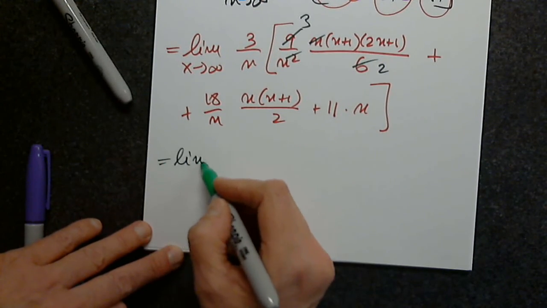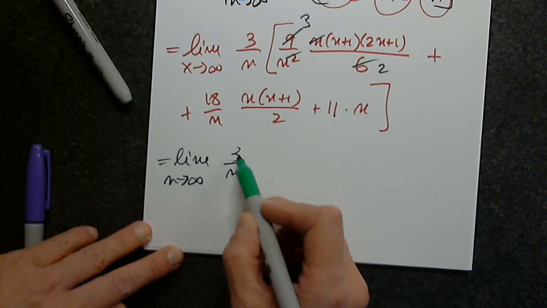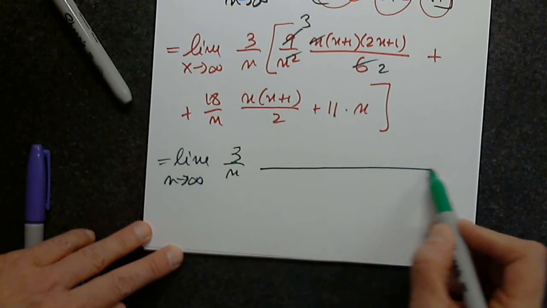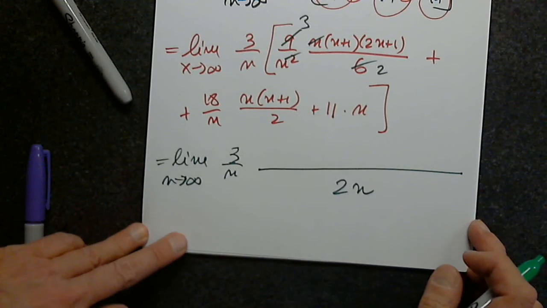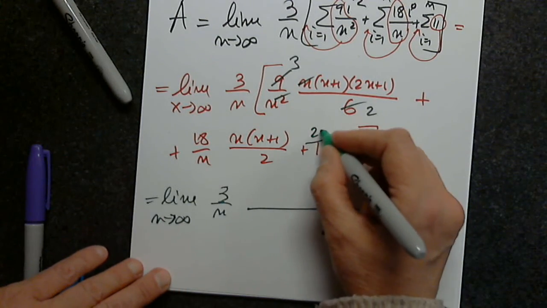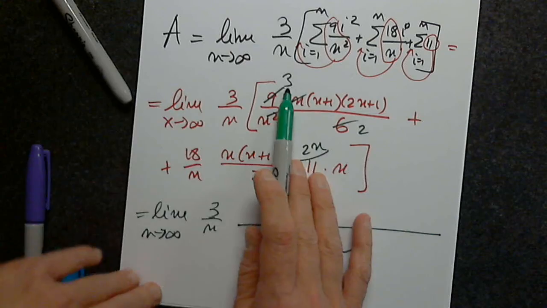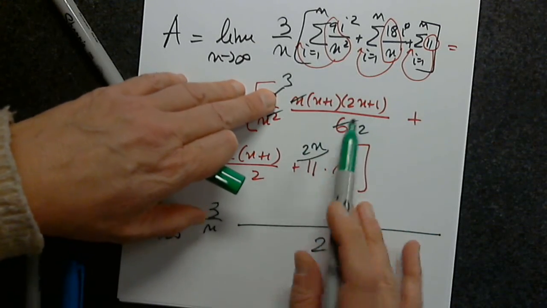So this is the limit as n approaches infinity. 3 over n still outside. 2n as the least common denominator. And this one needs a 2n. Okay, 2n in the denominator, but 3 multiplies these two.